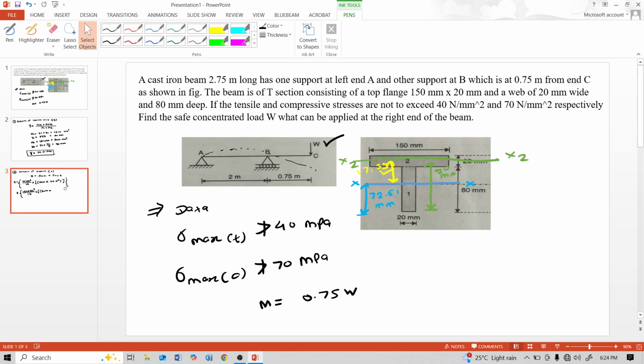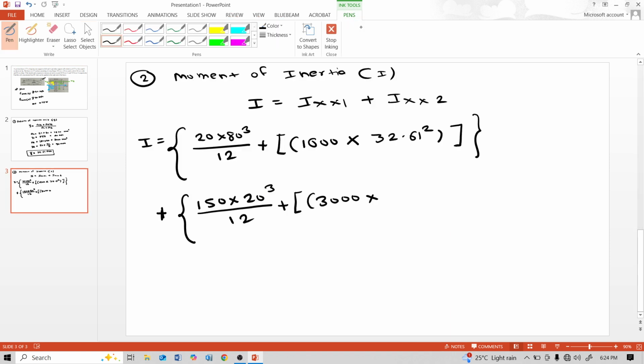This distance is 90 minus 72.61, so 17.39 mm.